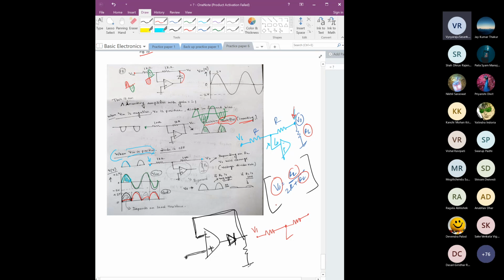Yes, so suppose RL is infinite. If you have some mechanism to probe this voltage with no flow of current through this, then this V1 would be equal to this voltage, and this voltage will be the same.